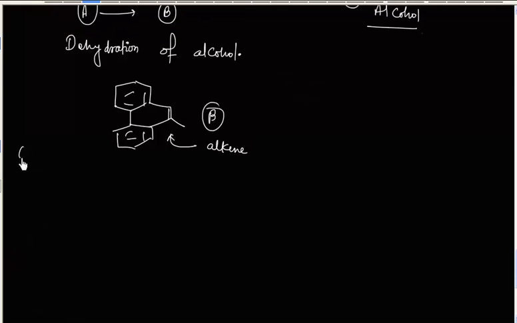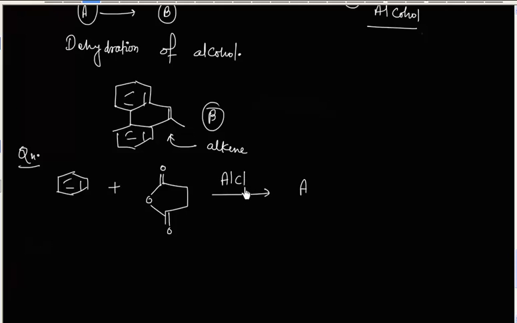Now let us try this problem. So we have benzene ring, and this is reacting with an anhydride, and this is a cyclic anhydride. This gives product A in the presence of AlCl3.